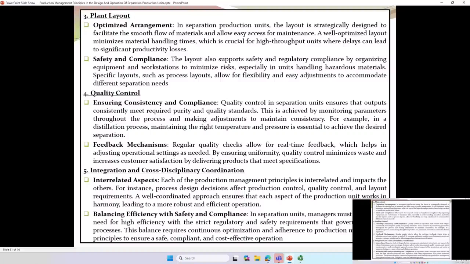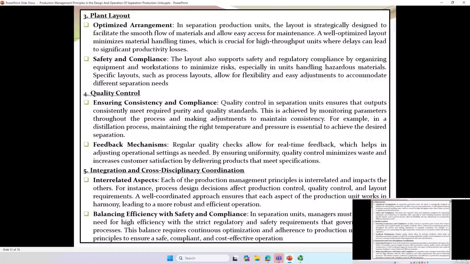Because now, how things are arranged is very important. You see that? Why is it that we have these spaces? These are layouts. So the same thing is applicable in separation units. So the plant layout is very, very important. And the reason for it most of the time is because of safety compliance. So the layout also supports safety and regulatory compliance by organizing equipment and workstations to minimize risk, especially in units handling hazardous materials.